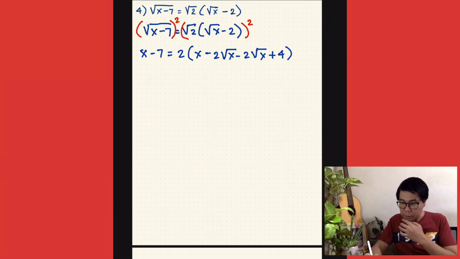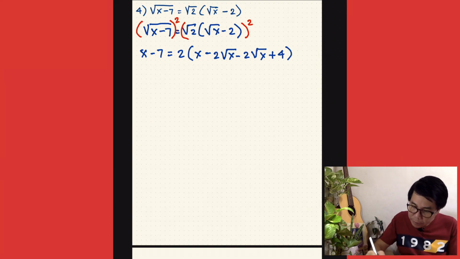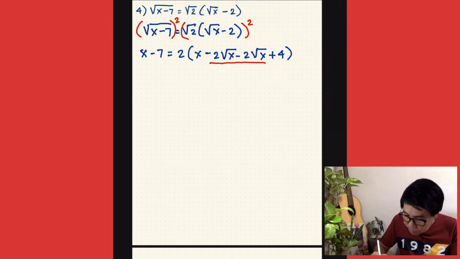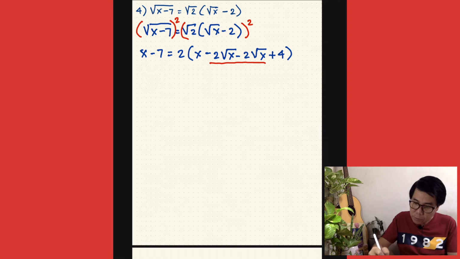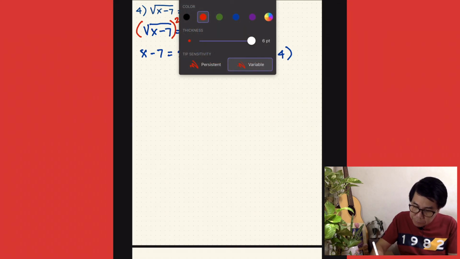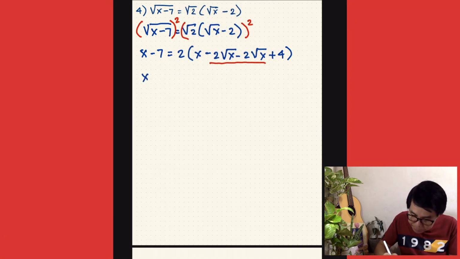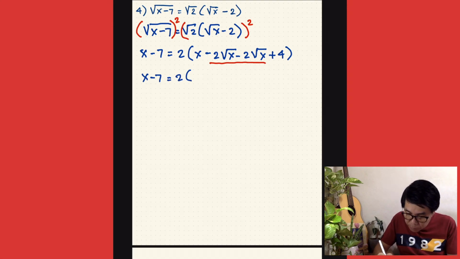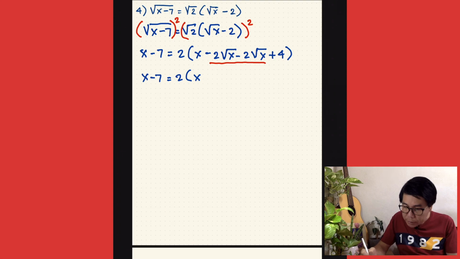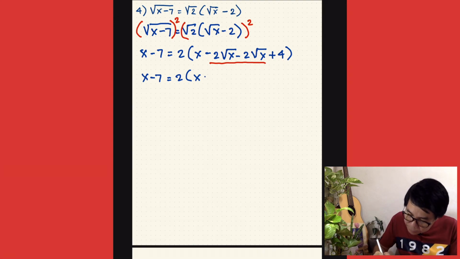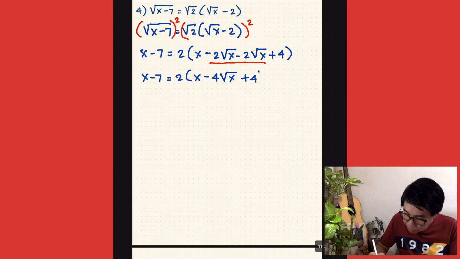Then we have to collect, or simplify. So we have x minus 7 equals 2 times x, negative 2 square root of x plus negative 2 square root of x is negative 4 square root of x, plus 4.